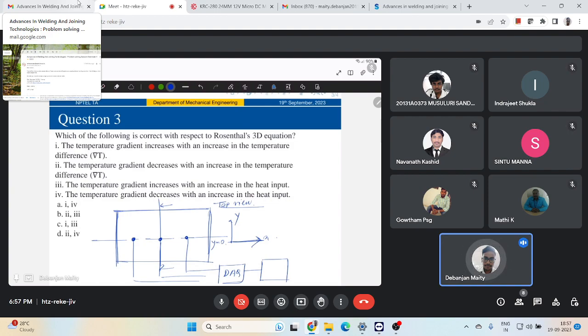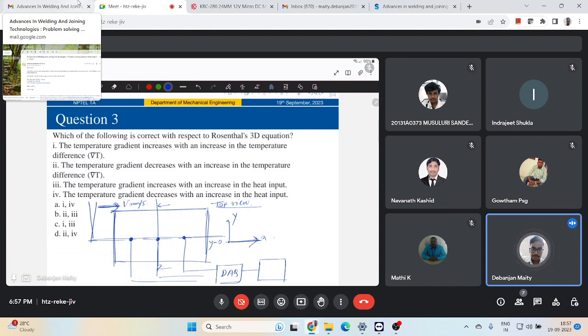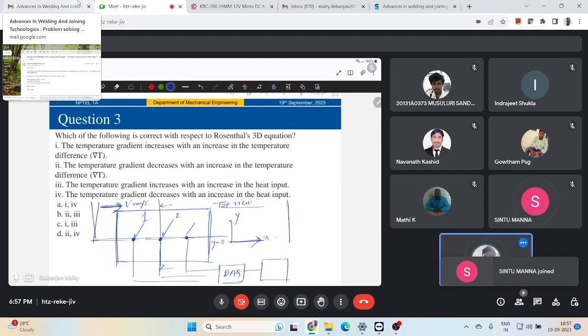Now let us say I'm moving a flame through the center line in this direction at V mm per second. So how will the temperature look? Let's say this is spot one, this is spot two, this is spot three.